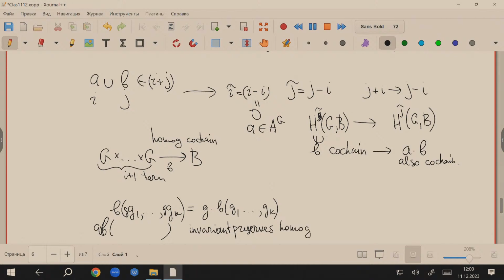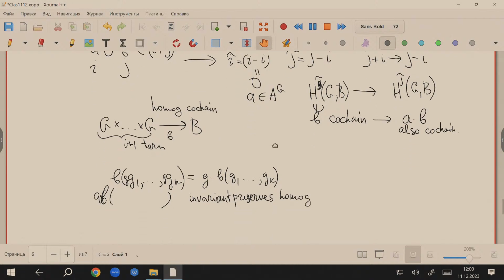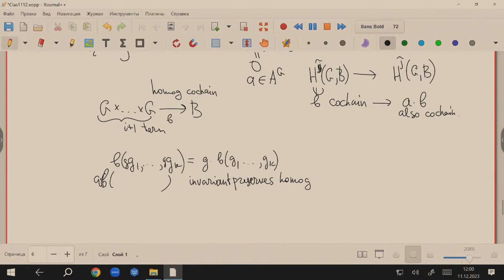Because if you write down the same, let me write it down explicitly. This is just saying that you apply G to AB, where you multiply them, but G is invariant, so this is simply A applied to B, G1, ..., Gk.